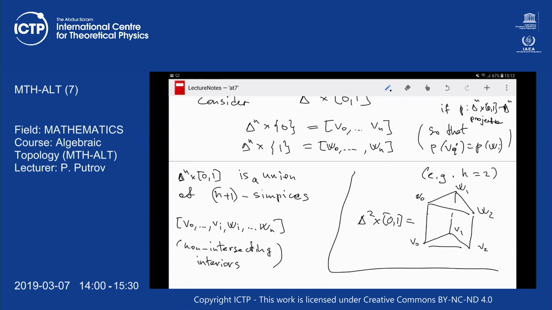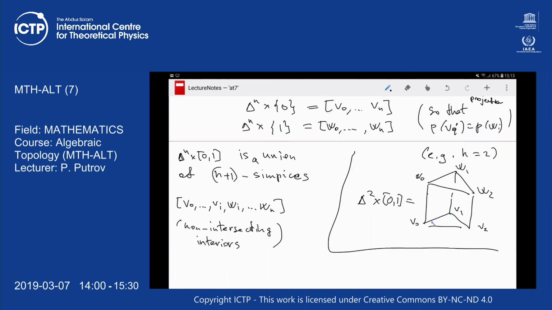So what is happening in this example? In this example when n equals 2, we have first V0, W0, W1, W2, and this would be a simplex.